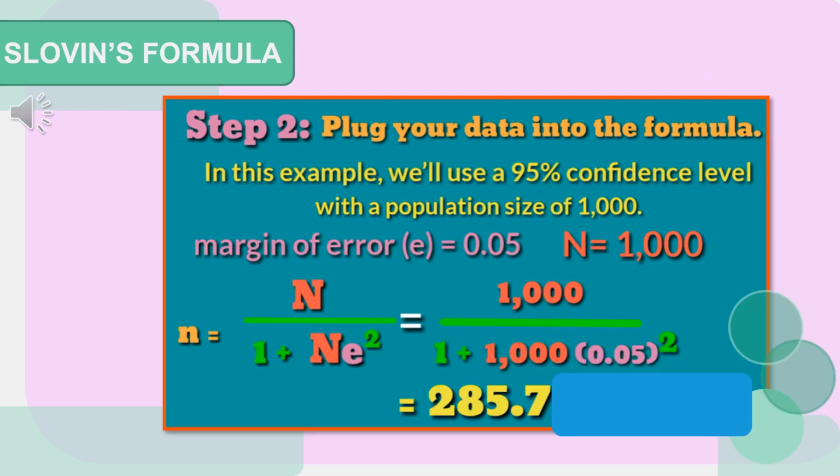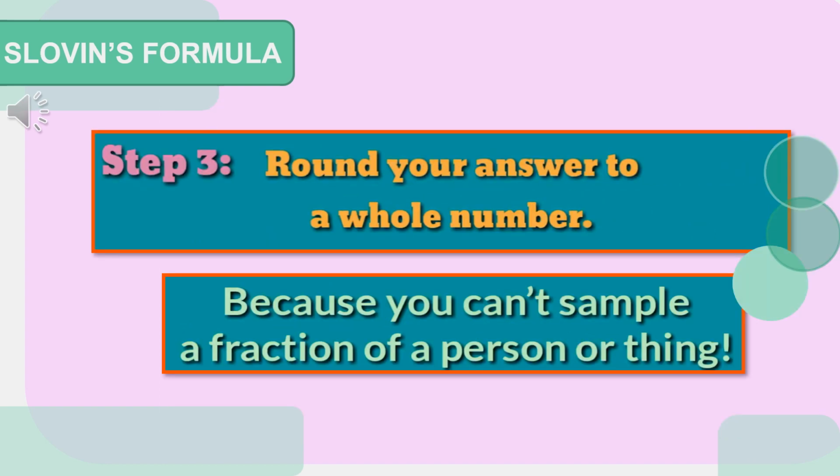For the next step, remember that when determining the sample size, we always round up the resulting value to the next whole number. Kasi kunwari, we obtained a value of 285.7, meron bang student or representative na 0.7? Or kunwari, 0.5 lang. We are referring sa tao, therefore, kailangan natin dito palagi ay whole number. Now, what's next?